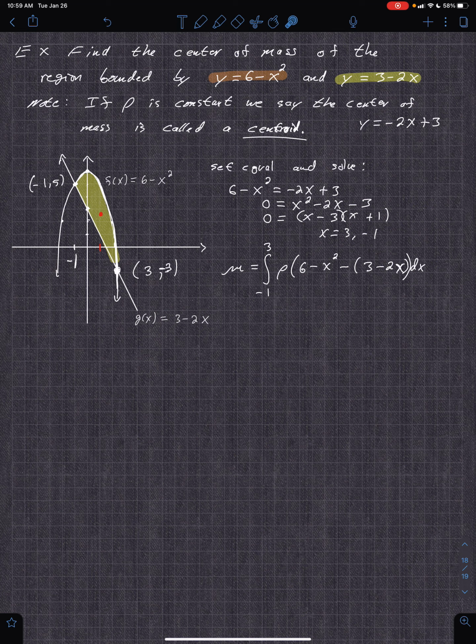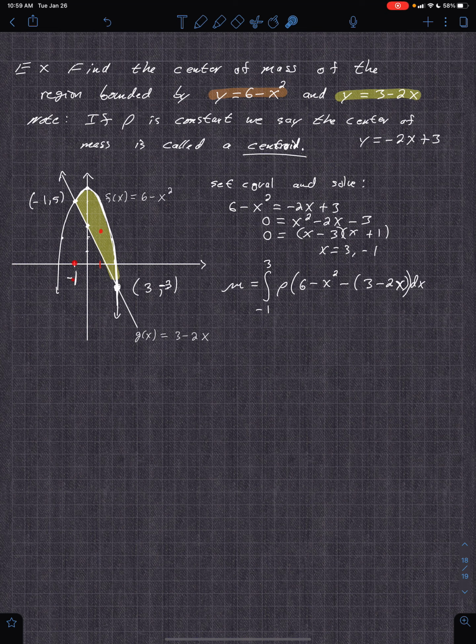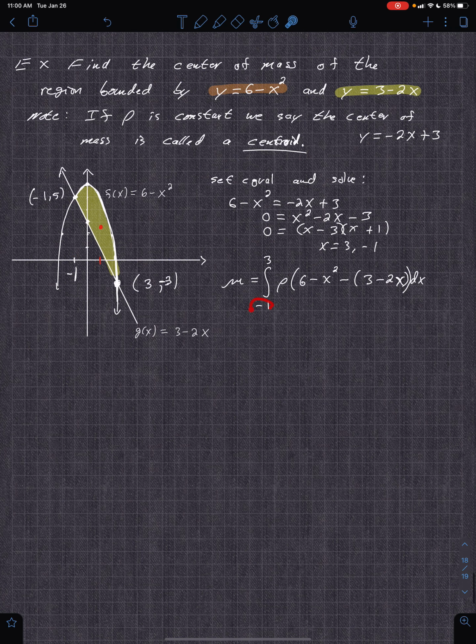Then I went ahead and did the mass here, then we'll do the rest together. Or you could work ahead, obviously, and try to finish it on your own. So for the mass, we're going to integrate from negative 1 to 3, of rho times the top one minus the bottom.